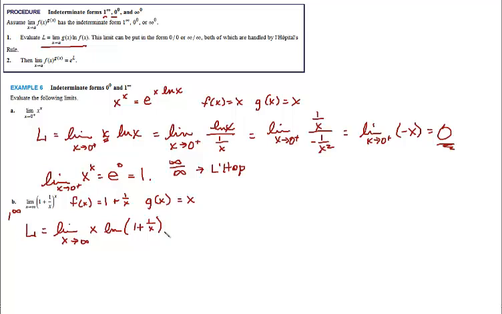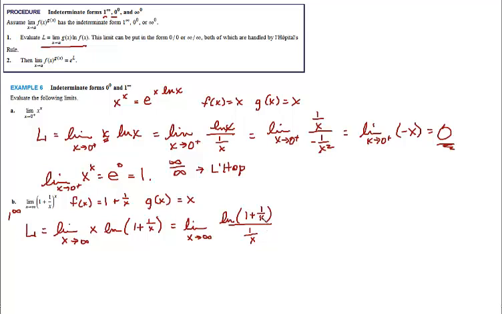Now I'm still not in the appropriate form, so I'm going to rewrite this just a little bit so I can use L'Hopital's rule, because I have my products here. Limit as x goes to infinity of the natural log of 1 plus 1 over x over 1 over x.